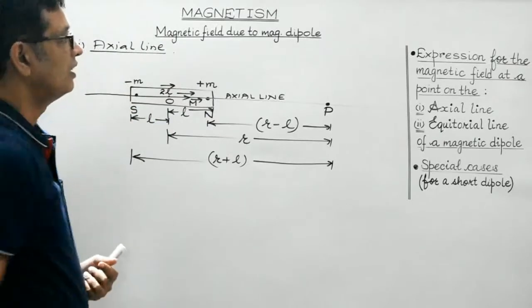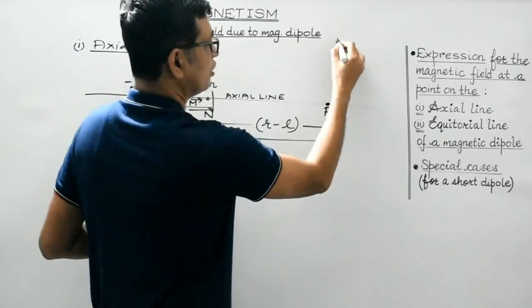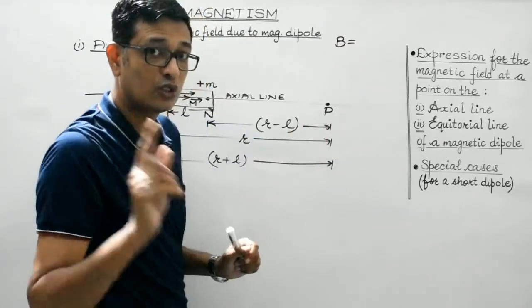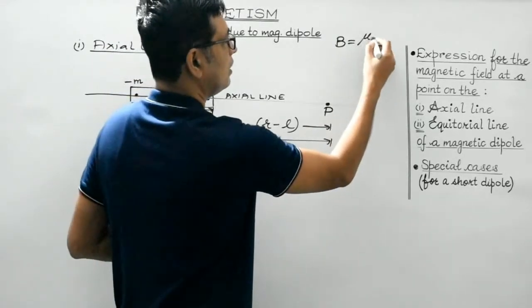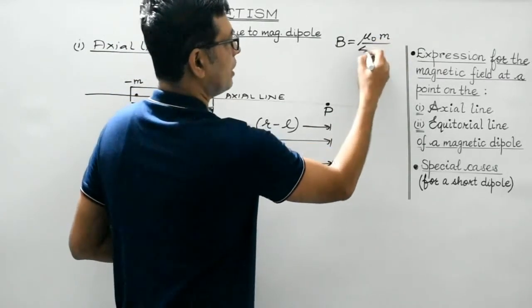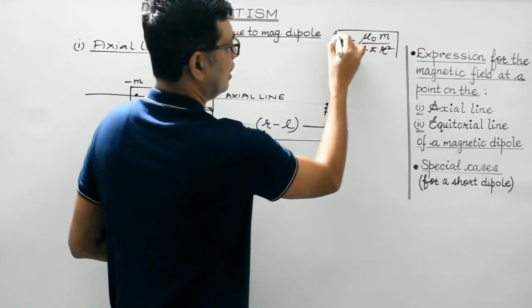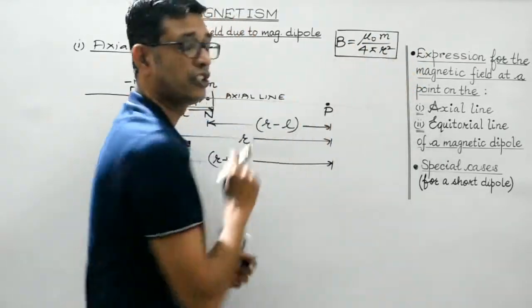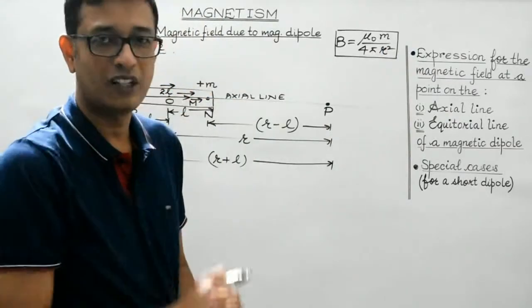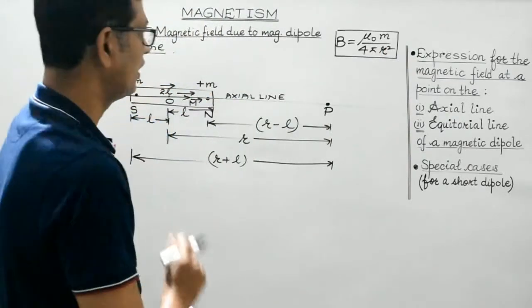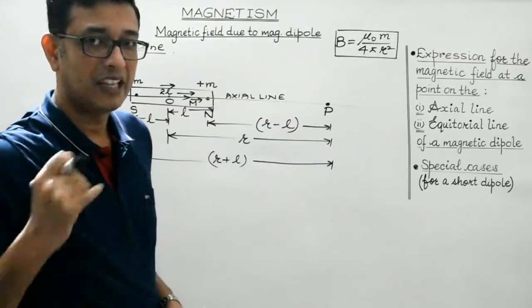And students, this is the formula, isn't it? The strength of the magnetic field due to a source pole is given by mu naught m divided by 4 pi r square. This is the basic formula. r is the distance of the observation point from the source pole under consideration. Right? Okay. This is the basic formula which we'll be making use of.